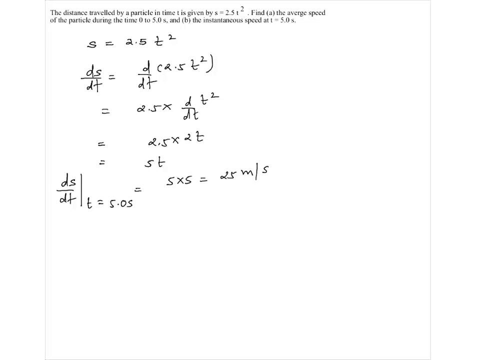Would you like to try the average speed part first? Try this, then I will discuss it. Okay, now I'm doing it. Let me copy this board.